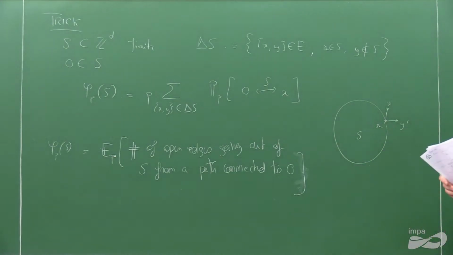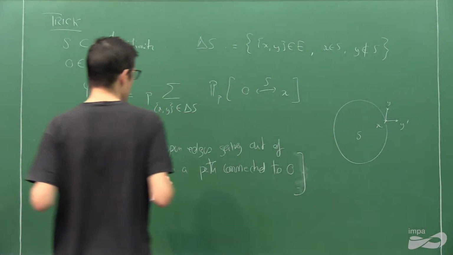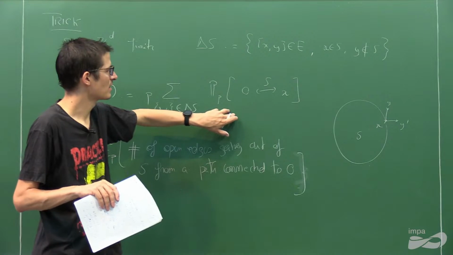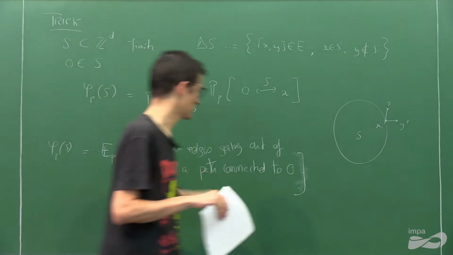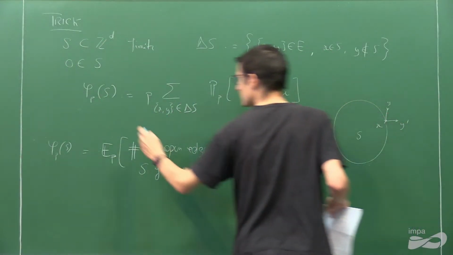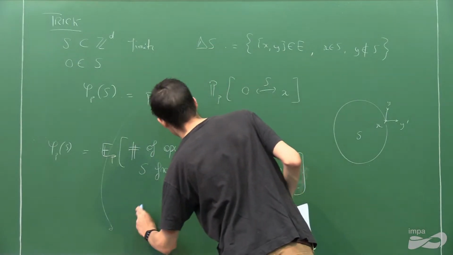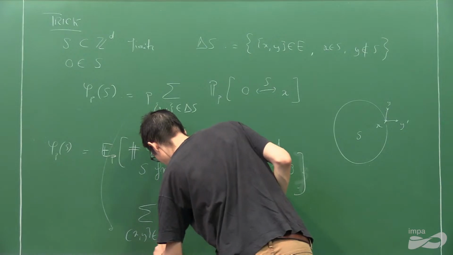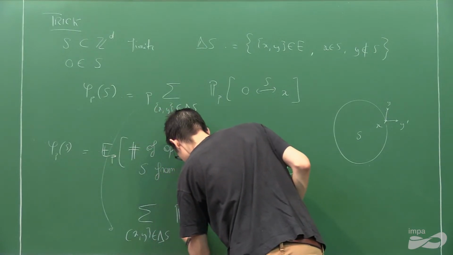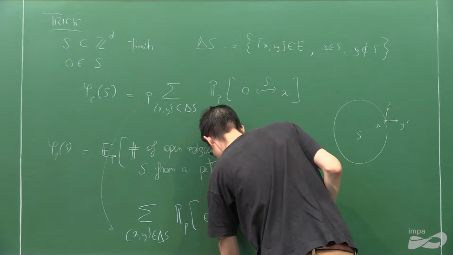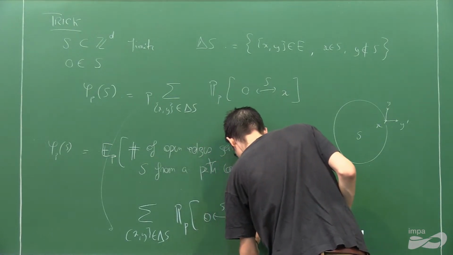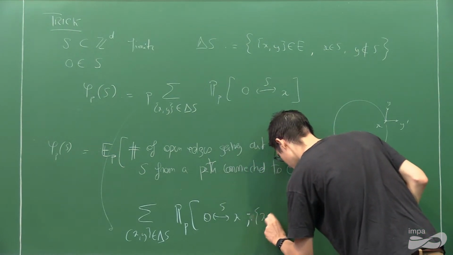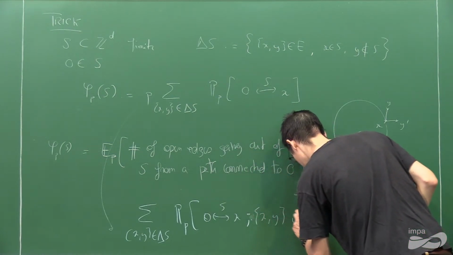Okay, because basically this is the same thing as the sum over (x, y) in ∂S of the probability that 0 is connected to x and xy is open.